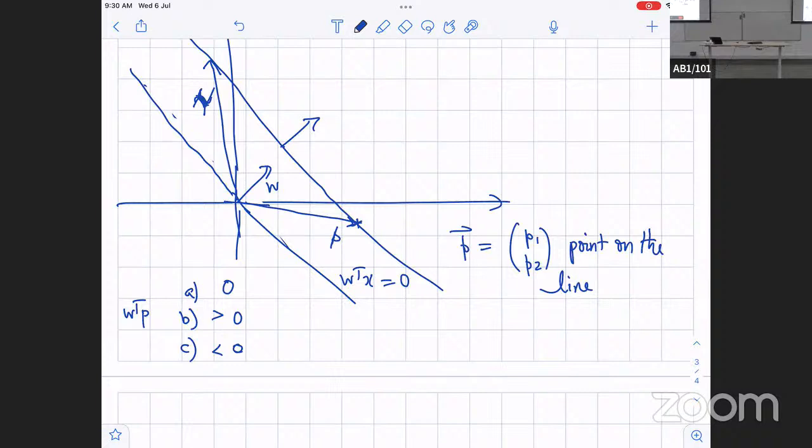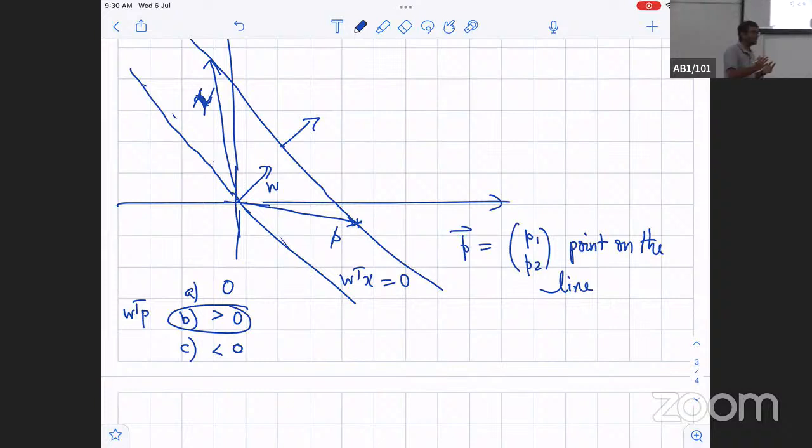So W transpose P is not 0. At least I hope everybody understands that. What's the angle between W and P? Is it acute or obtuse? Acute. So it's a positive number. W transpose P is a number strictly bigger than 0. Does everybody understand this?